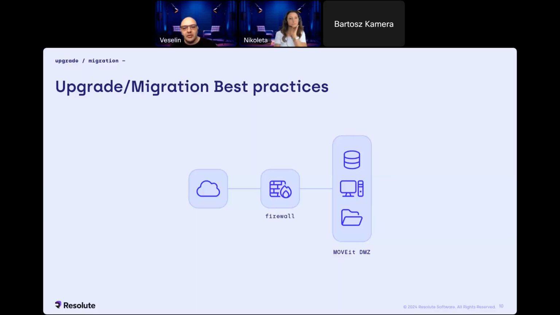Okay, so on the first slide, what we see here is a very basic architecture. We have a MOVEit server that has the application and the database and the file server on the same machine. Pretty much straightforward. So when it comes to best practices, what are the best practices, right?